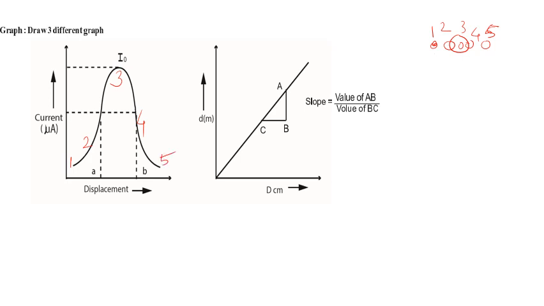So on the y-axis we have microammeter current, and on the x-axis I have displacement of the laser source. I can either move the laser source or I can move the pinhole arrangement. I have to make sure that laser is incident from left to right or top to bottom. In this experiment we are going to have a left to right arrangement.